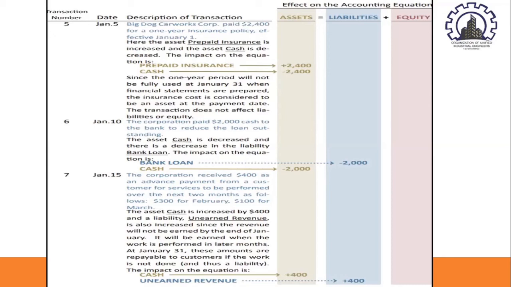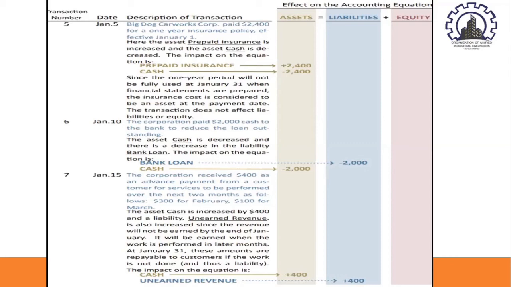So therefore, your cash should be negative 2,000 under assets, and your bank loan also decreased because you make a payment. So that is why that's negative 2,000 for your liability, because your debt obligation decreased the moment you paid them.